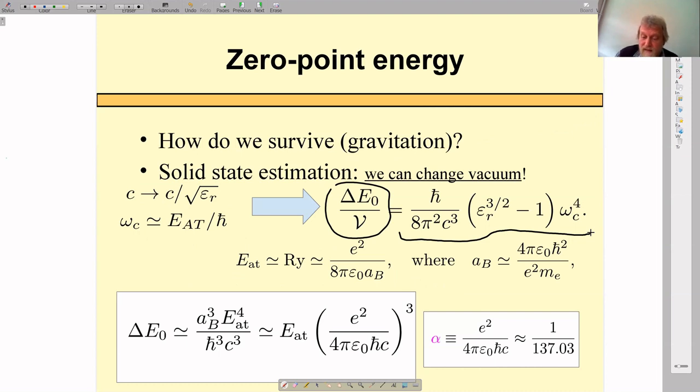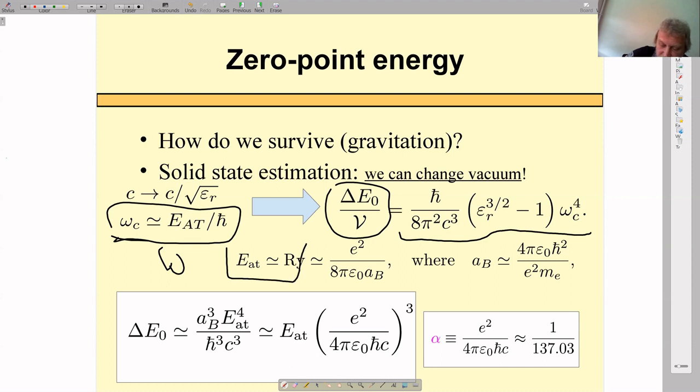What do I need to set for this critical frequency? Since this modification comes about from the interaction of light with atoms, that frequency must be something coming from the atomic energy scale, which we call Rydberg's.